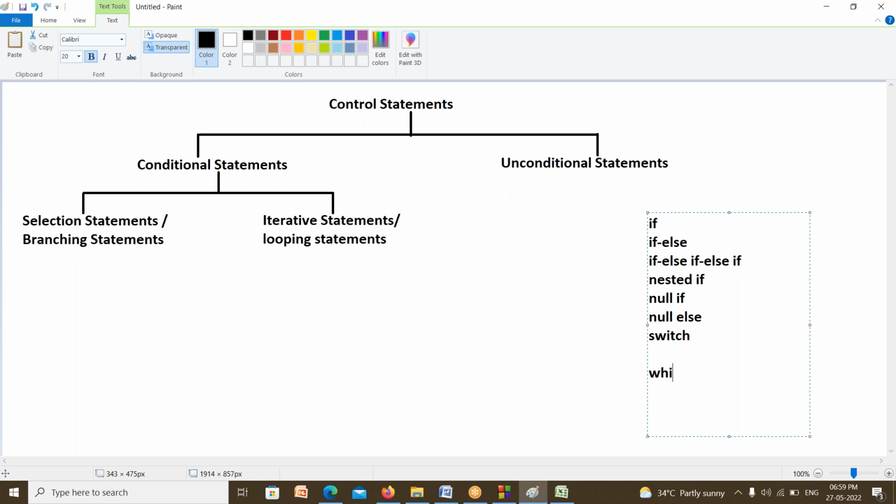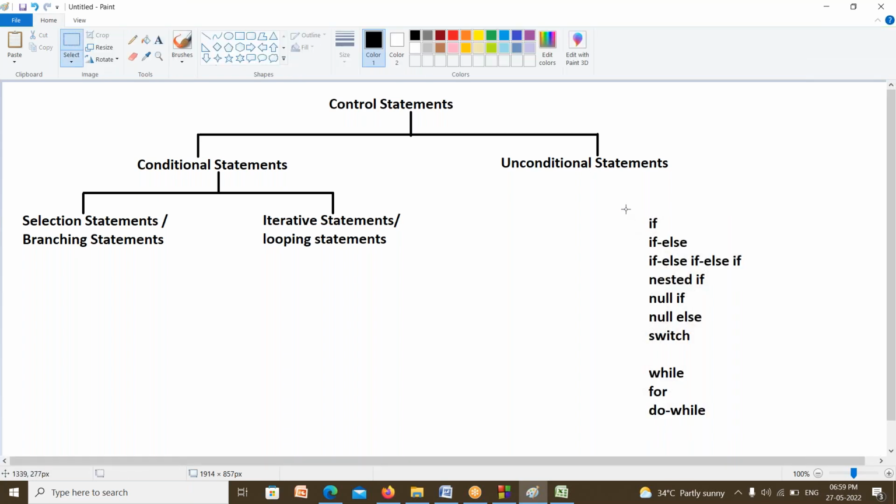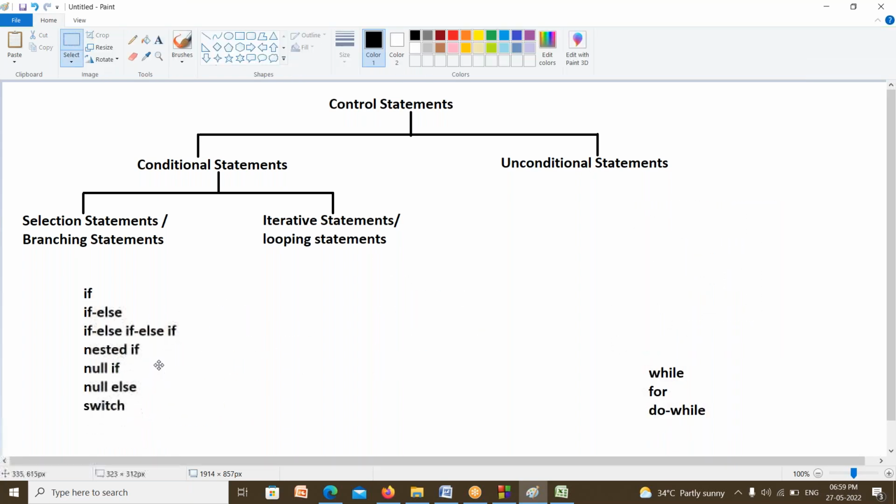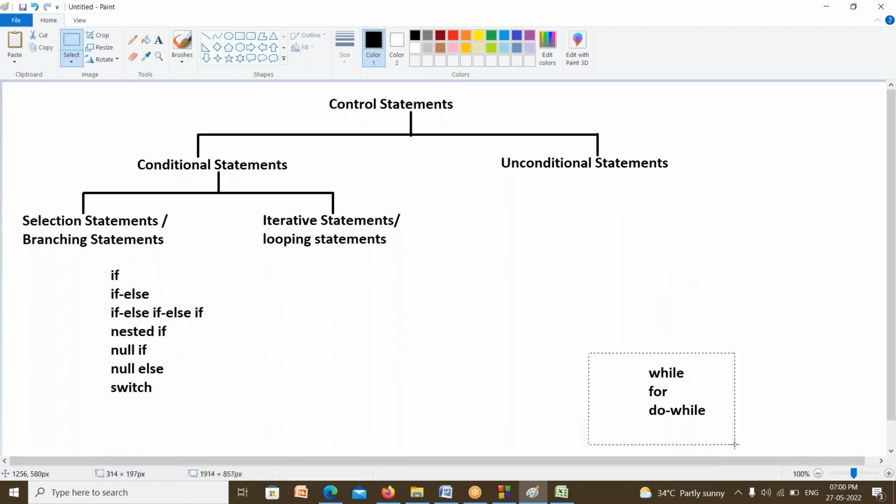The iterative statements are while loop, for loop, do while loop, like that. So these are the branching statements. These are the iterative statements.